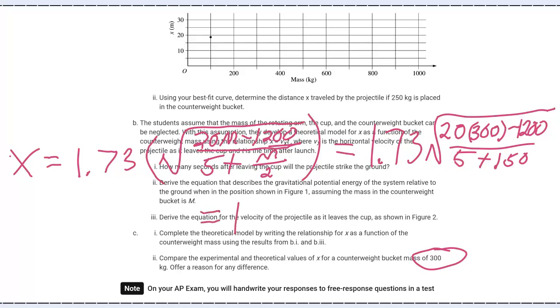So it's going to be 1.73 times the square root of 30.97. Okay. And so then our answer is going to be 9.63.